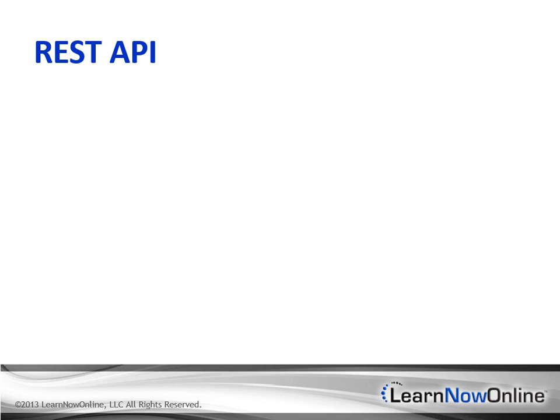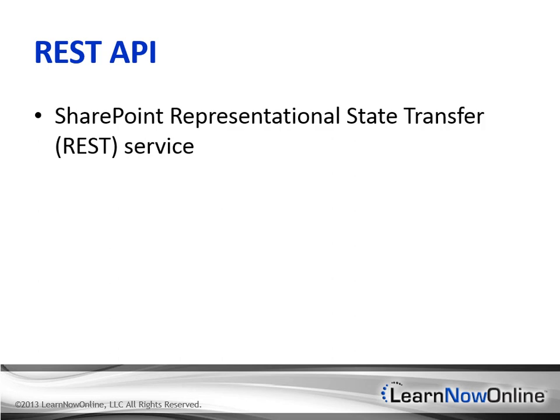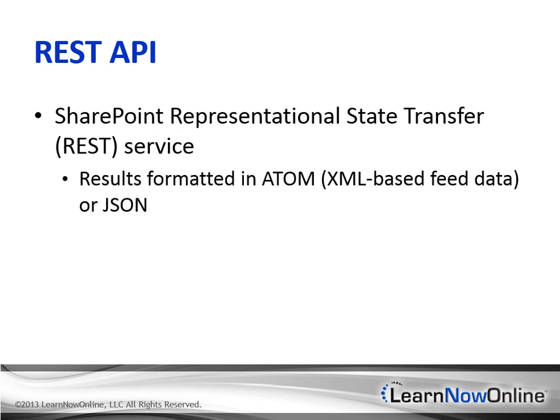And so one of the new things is that the REST API is in SharePoint. REST stands for Representational State Transfer. What it means is you can make an HTTP request to a resource, such as a list.